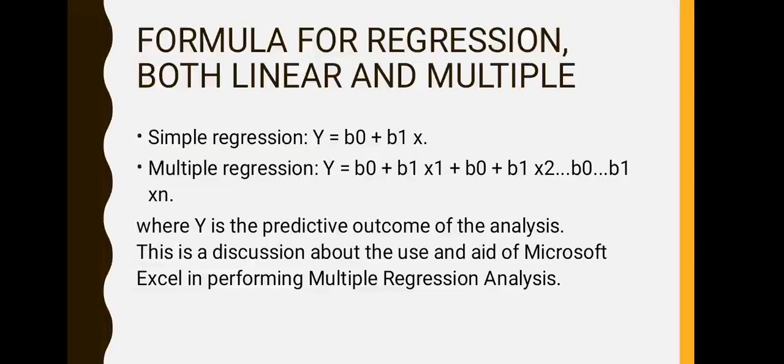And the next is the multiple regression wherein you have y is equals to b sub 0, which is the constant, plus b1 x1, wherein there's a constant multiplying a specific type of attribute, plus another constant, and the next one would be b2 x2, wherein you could get another attribute having the same amount of constant, and b sub 0 ellipses b sub n x sub n, wherein there are lots of variables that are involved in that regression.